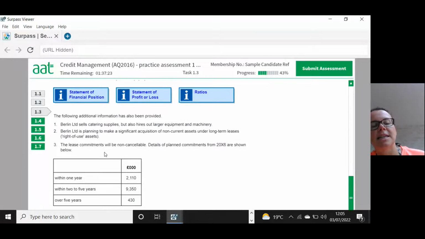We're also told that these lease commitments are non-cancelable. So that is going to increase our business risk.